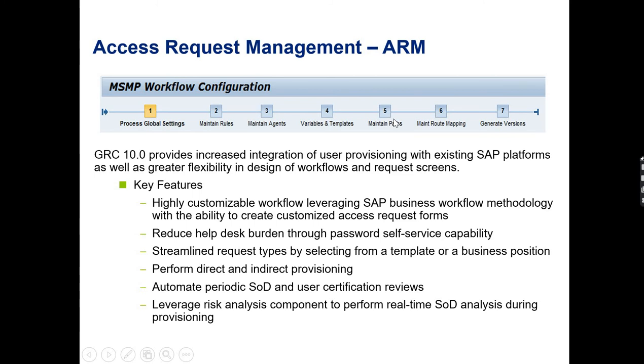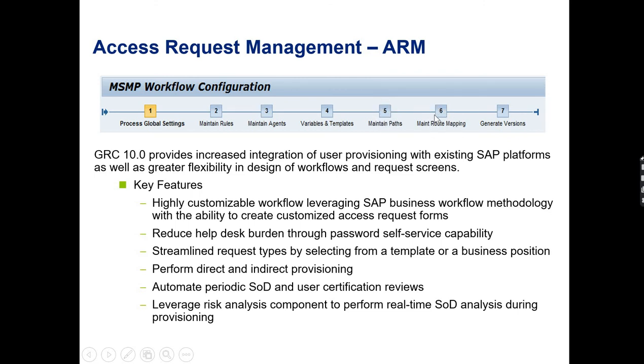So if a user selects lock user, it will not go for create user. Create user may have 3 levels of approval, but locking or unlocking a user doesn't need 3 levels of approval, only security lead approval is enough. So these independent paths we are defining in the fifth step.